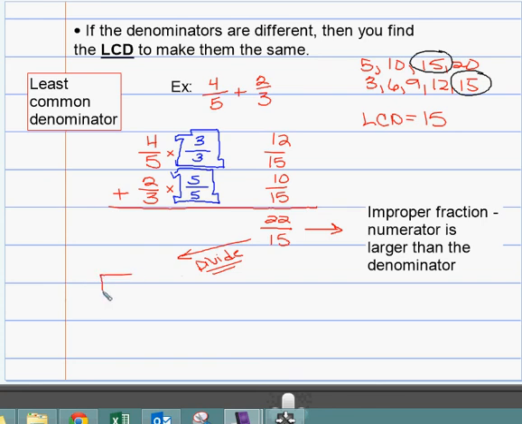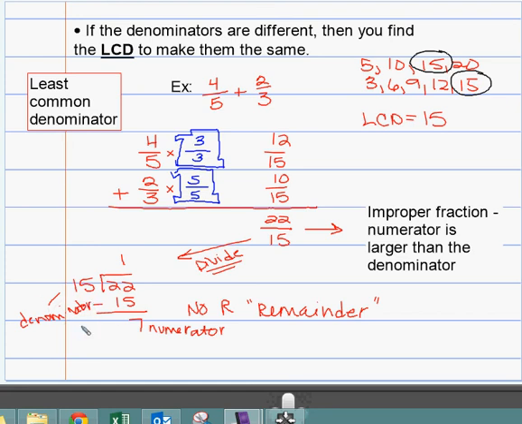So put the numerator in the box, put the denominator outside, and how many times will 15 go into 22? 1. 1 times 15 is 15, and subtract, and I get 7. Now this is not where we're going to use the remainder. No R remainder. Okay? Don't do it. This becomes the numerator, and the 15 becomes the denominator.